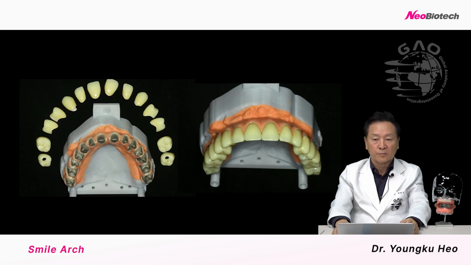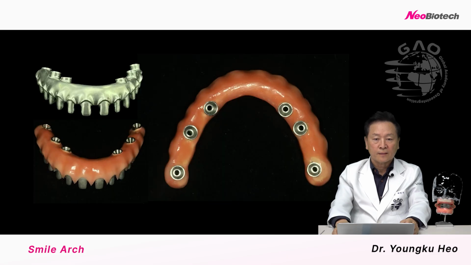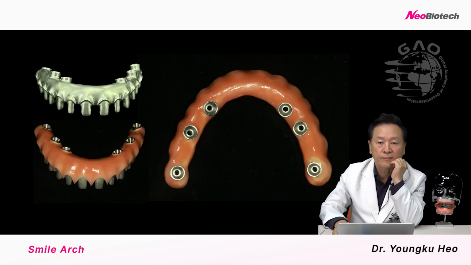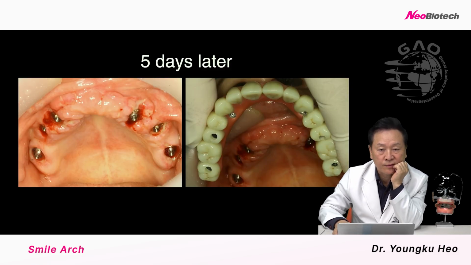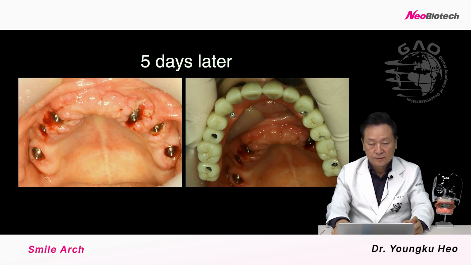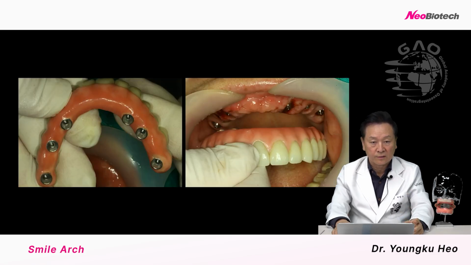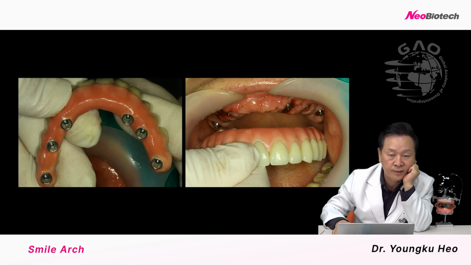So this is the final prosthesis ready. And this is 5 days after implant surgery: the final full arch prosthesis is ready. So we can deliver this final prosthesis in the mouth.